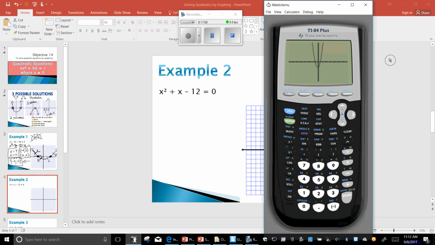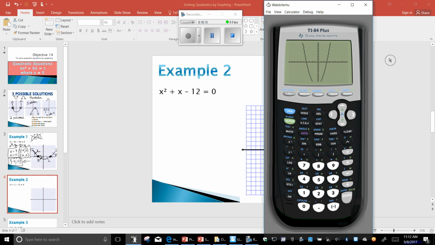Ooh, my parabola looks kind of funny. So do you remember we zoomed in on number 1? So maybe I need to try to zoom. I'm just going to zoom standard. Zoom 6. Zoom 6 always takes it back to normal. So that looks a little bit better.